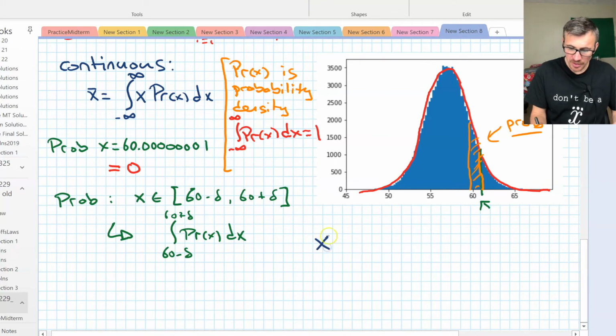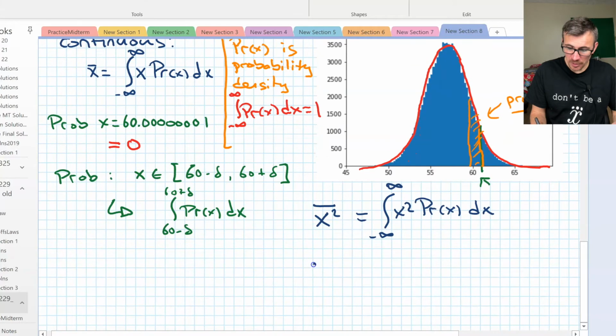We can talk about the average value of, for example, x squared, and that's just given by the same prescription. Or the average of x minus x naught all squared, which gives our standard deviation. And we can do this for any function.